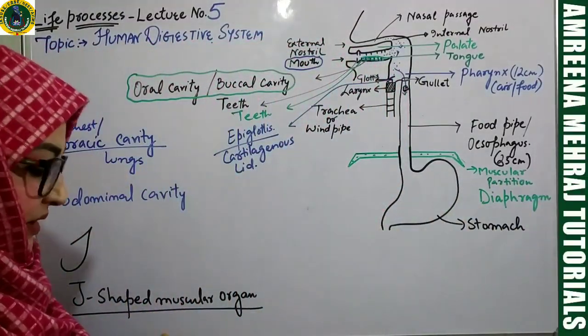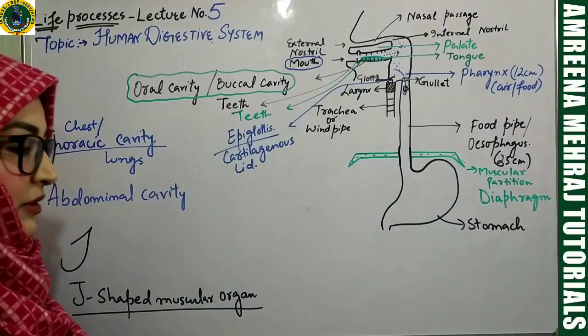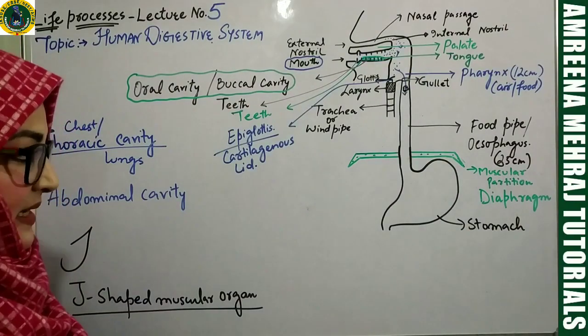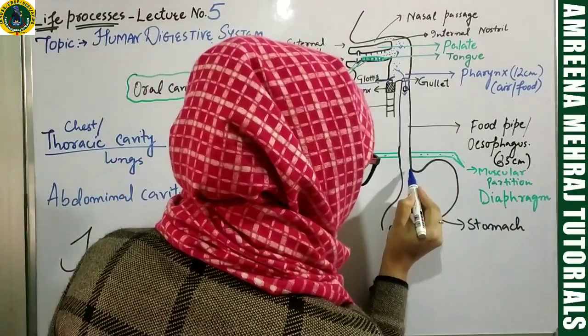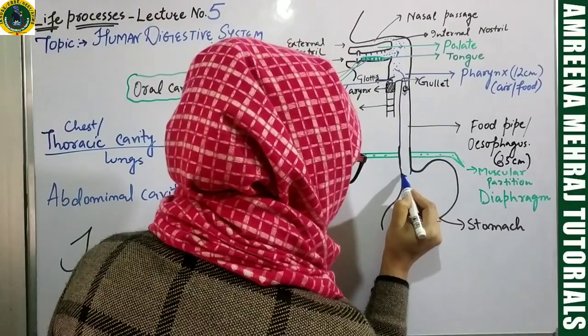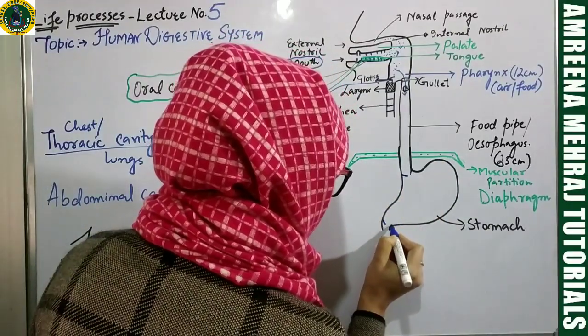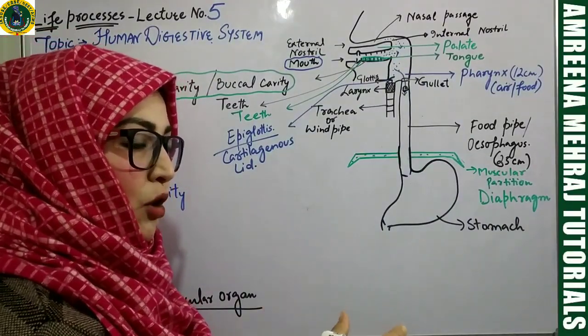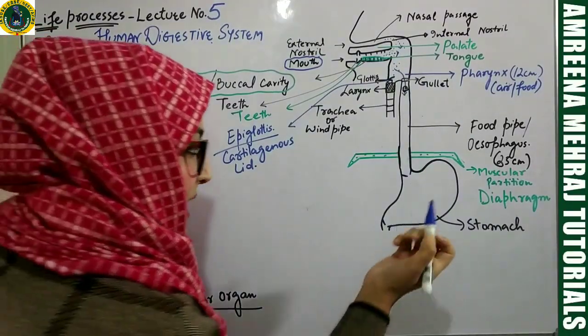Okay, very, very important for you people to remember some of the important things which are associated with the stomach. Okay, my dear students, this particular part has a valve. Okay, so over here you will find a valve, and over here at the end part you will find another valve. These valves are very important because they prevent backflows.